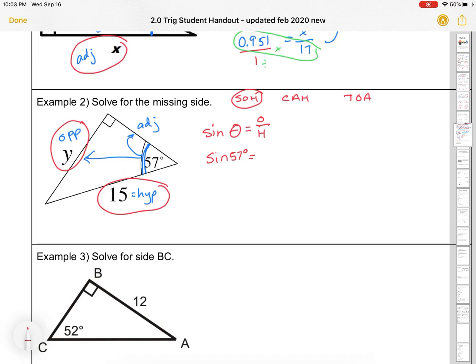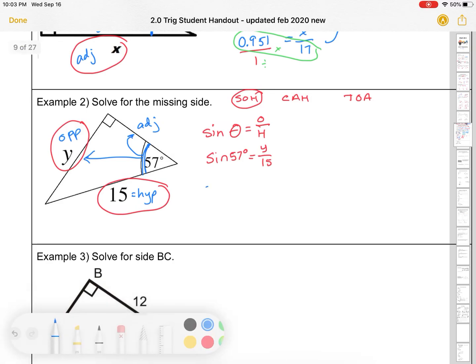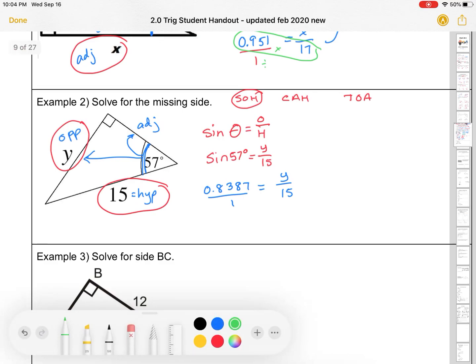So think about it. SOH CAH TOA. I've got opposite and hypotenuse, so I'm going to use sine. So sine of my degree is equal to opposite over hypotenuse. Sine of 57 degrees is equal to y over 15. First we're going to find our ratio. Sine of 57, find that on your calculator. You're going to get 0.8387 is equal to y over 15.